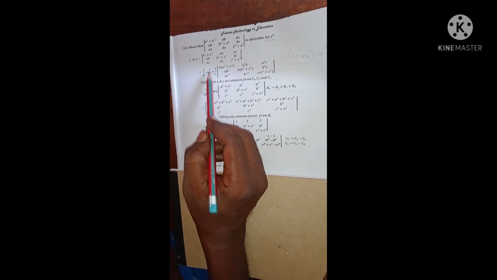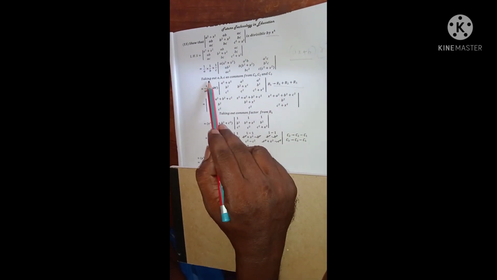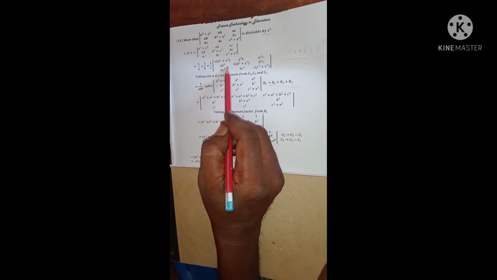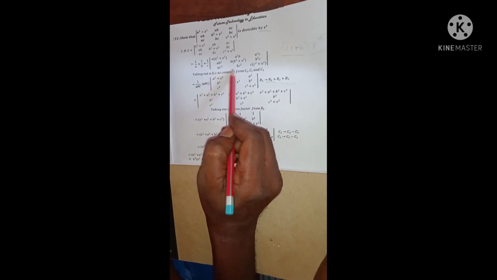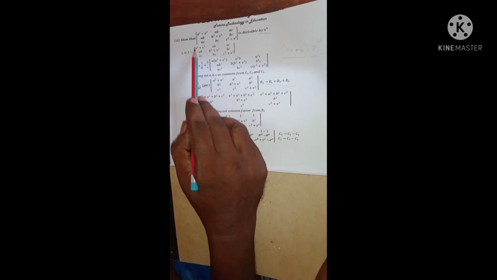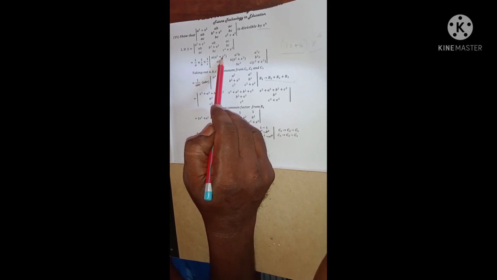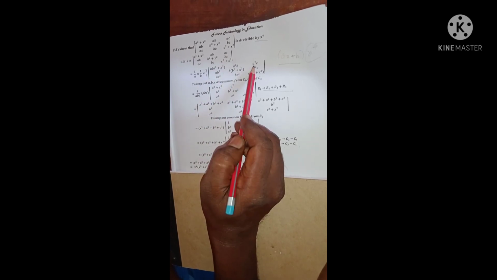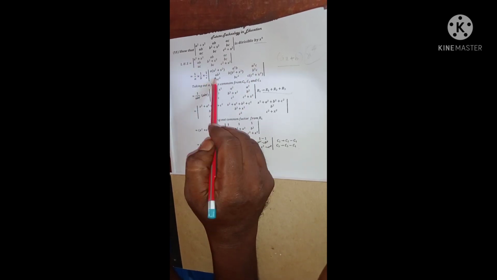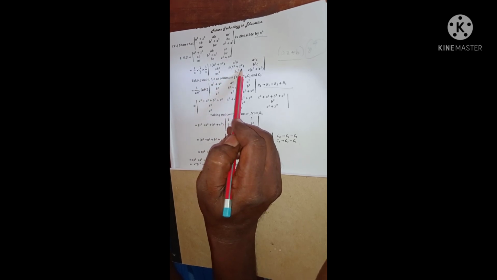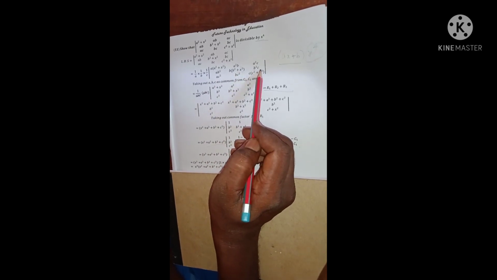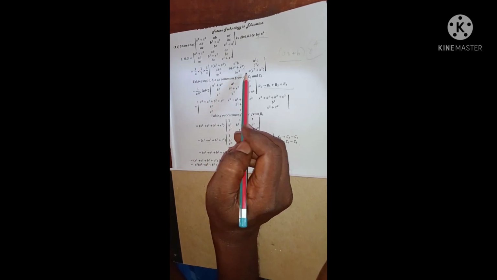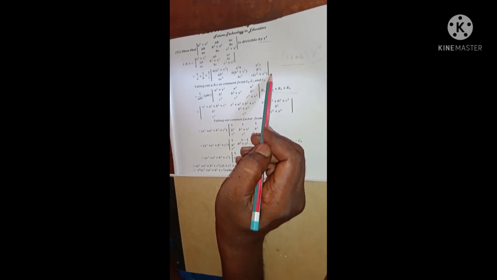In this case, we multiply the first row by A, the second row by B, and the third row by C. Multiplying by A gives A into A square plus x square, A square B, A square C. Multiplying by B gives AB square, B into B square plus x square, B square C. Multiplying by C gives AC square, BC square, C into C square plus x square.